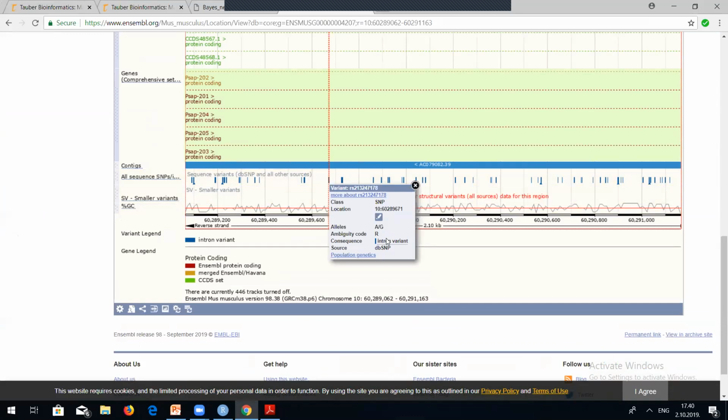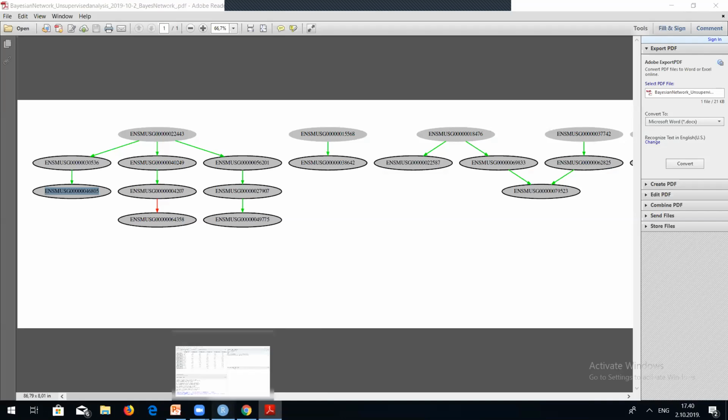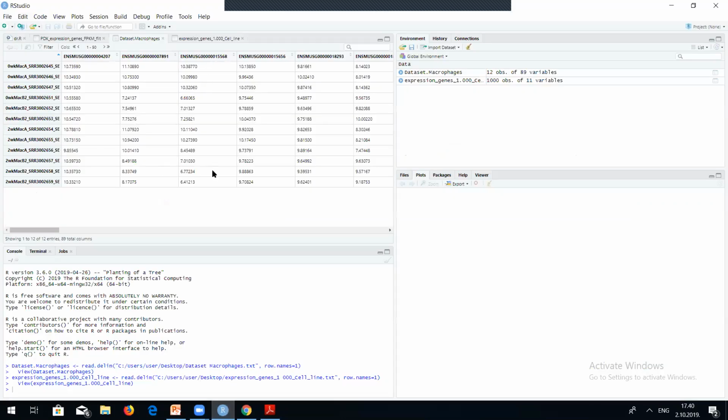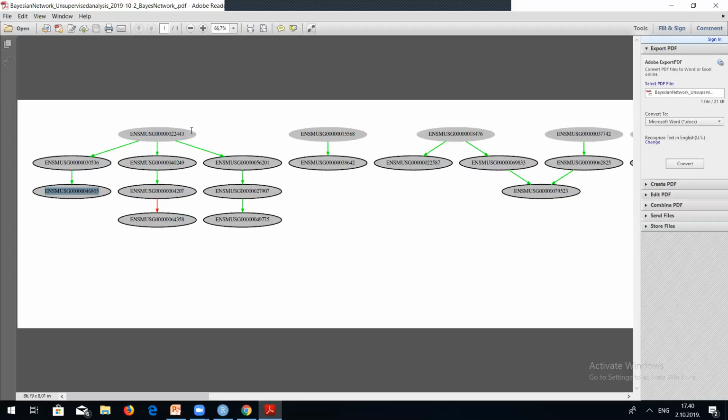So maybe I could analyze in those 0 weeks, 2 weeks, M1, M2, B1, B2, and add this dimension. Do any of these samples have some polymorphisms? Is some gene connected to something more if it has some SNP or some change in its sequence? If, for example, A is changed to T, perhaps this gene could be related to something else, right? So we could expand on this.